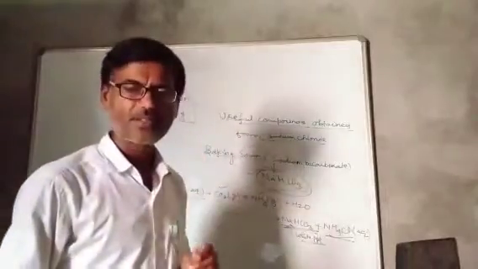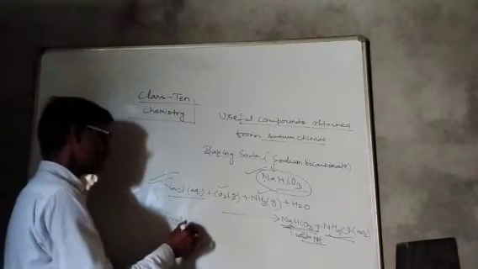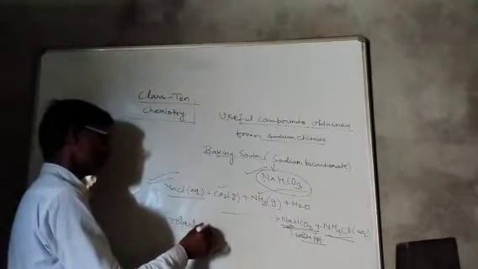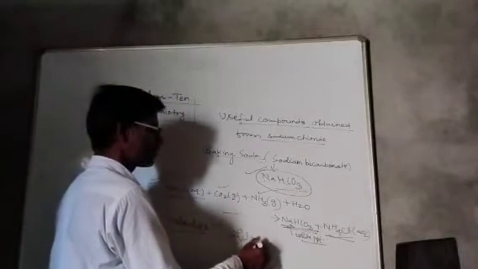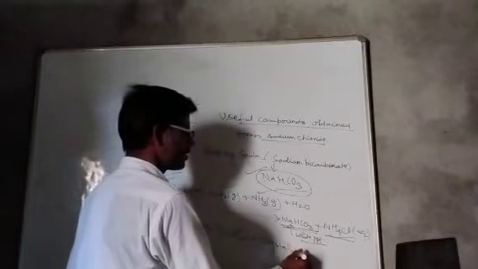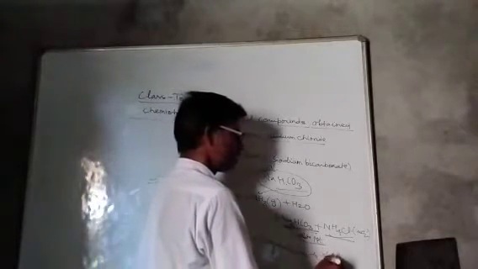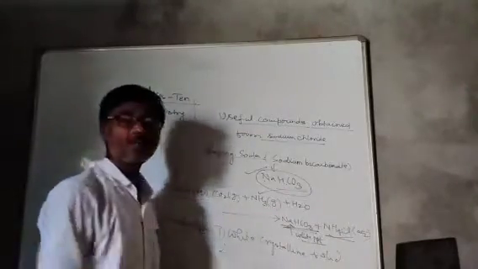Now its properties. Baking soda is a white crystalline solid. It is sparingly soluble in water.